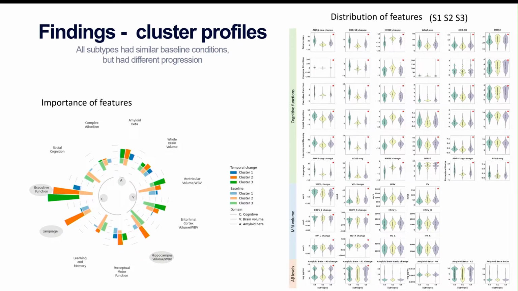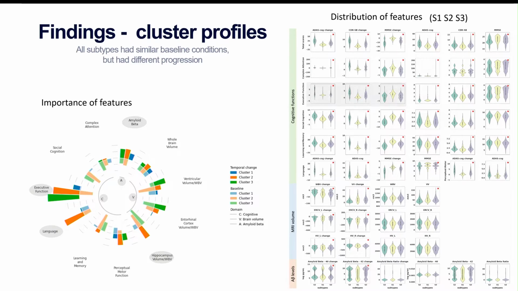And we see that the hippocampus volume was one of the most important regions determining the characteristics of cluster 2 and cluster 1. We also see the amyloid beta. Amyloid beta is one of the most important variables, but in our model, it's equally important, so there are not so many differences between the clusters.